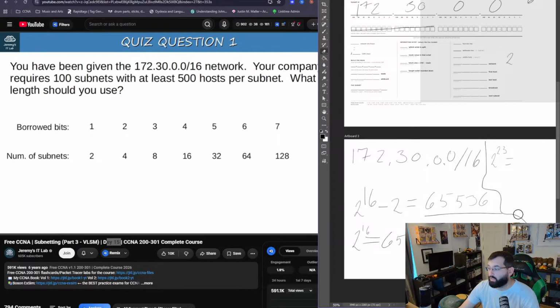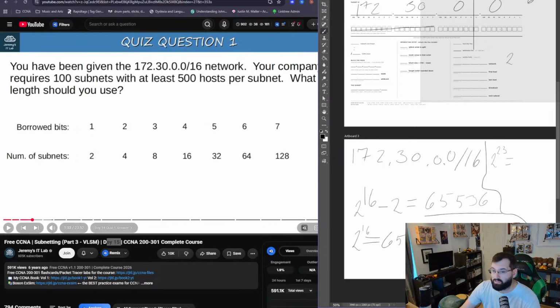So what he's doing is, and I'll do it like this so that way we can move it around, let's make a big fat marker here. So this is where we are right now. And then he's borrowing 1 bit, then 2 bits, then 3 bits, then 4 bits, then 5 bits, then 6 bits, then 7 bits, which puts us right here.